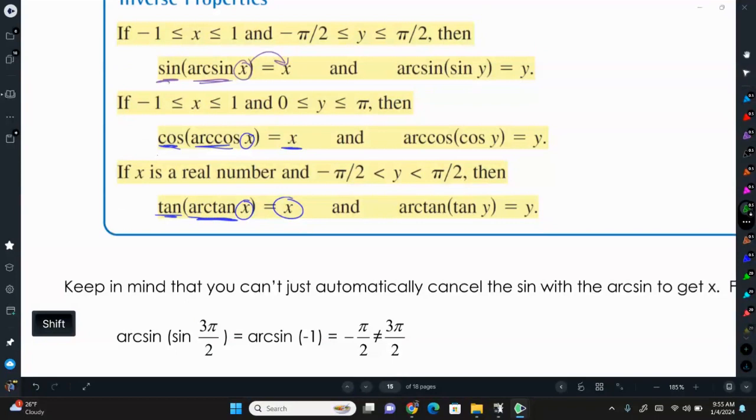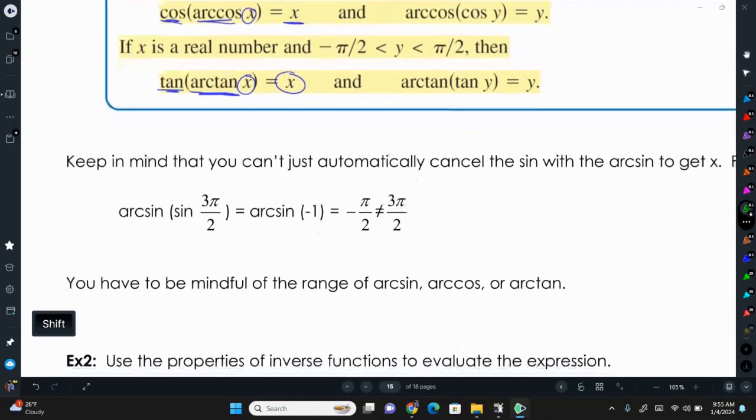Remember, order of operations says to do the inside part first of the composition, then the outside. So you'd have to find the sine of y and then do the inverse sine of that and then make sure it fits our restrictions.